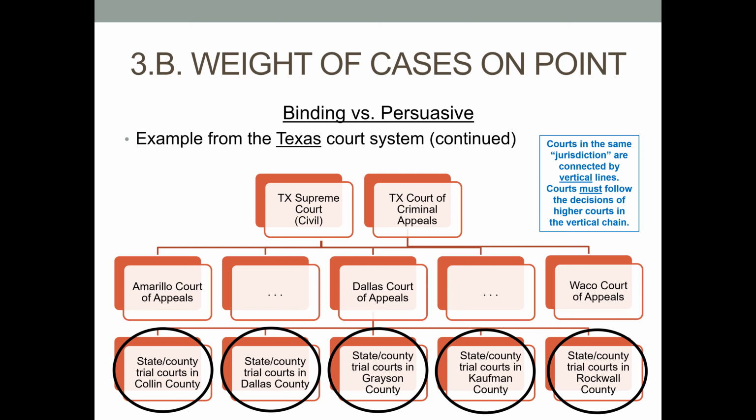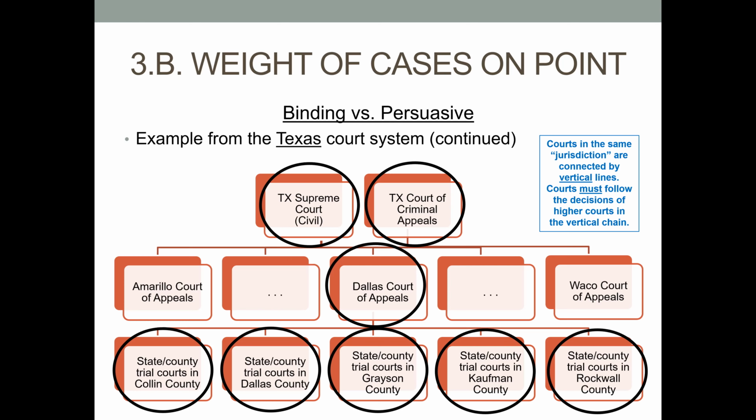Now, notice that all of these counties are joined by a vertical line with the Dallas Court of Appeals, because that is the Texas Intermediate Court of Appeals that has appellate jurisdiction to hear appeals from the Texas district and county level trial courts in these 5 counties. And then, of course, the Texas Court of Appeals itself is joined vertically to the Texas Supreme Court above for civil cases and the Texas Court of Criminal Appeals above for criminal cases.